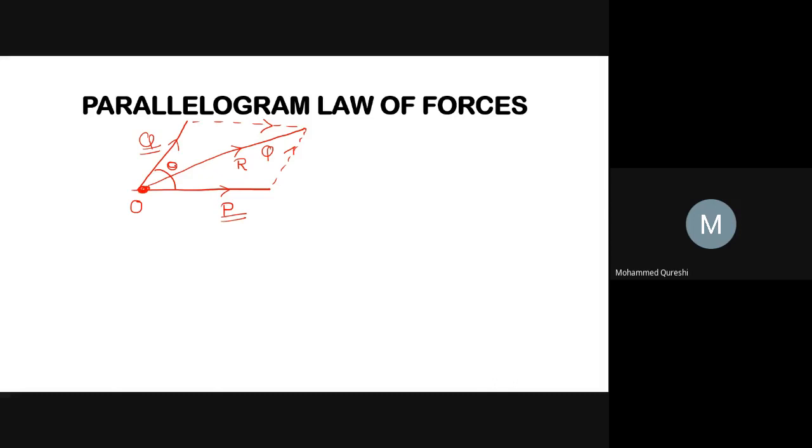Here the given forces are P and Q. And one more thing, this angle will be your alpha. What is alpha? Angle between resultant force and any one of the two forces. So your alpha will be the angle between P and R.